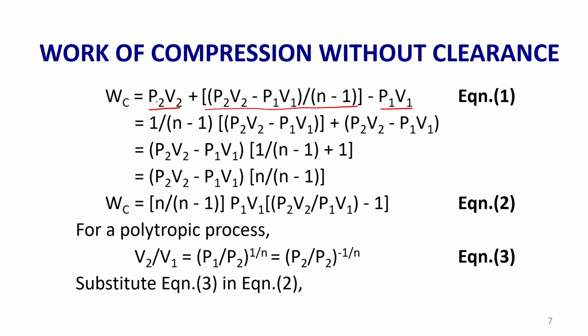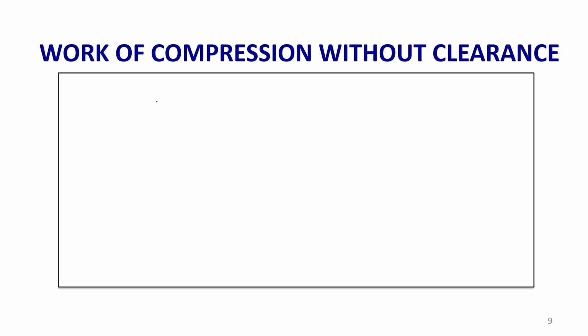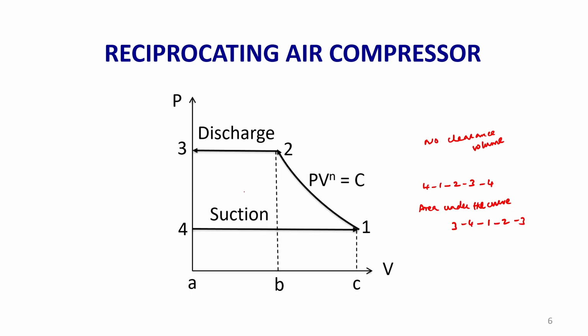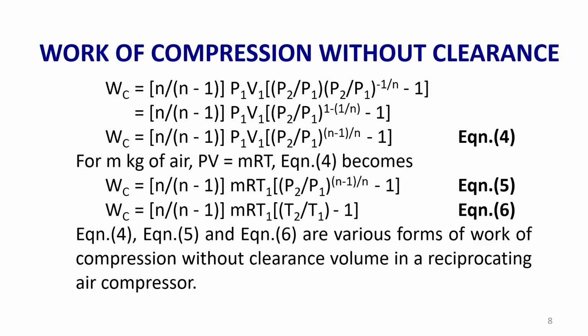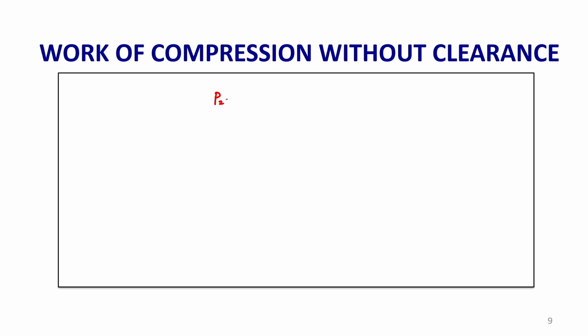How I got this one is, this is a constant pressure process. These two are constant pressure, 2 to 3 and 4 to 1 are constant pressure. So, P2 equal to P3 and P4 is equal to P1, which you can see from the PV diagram.